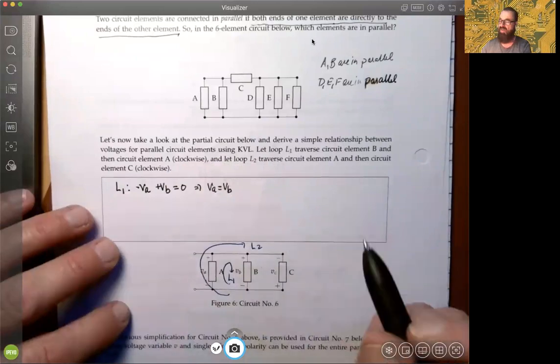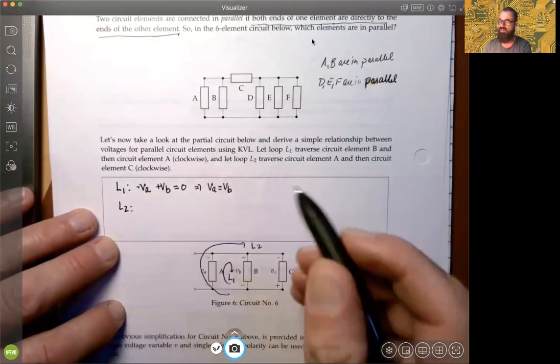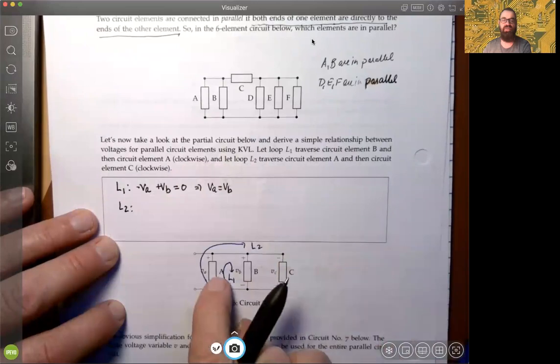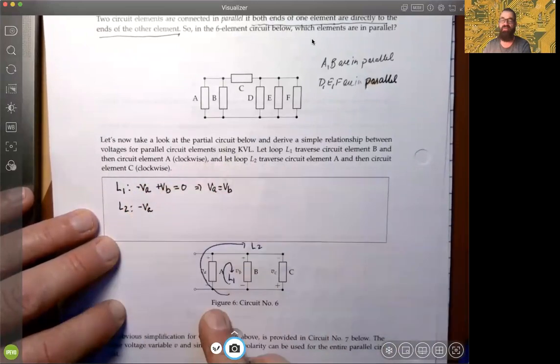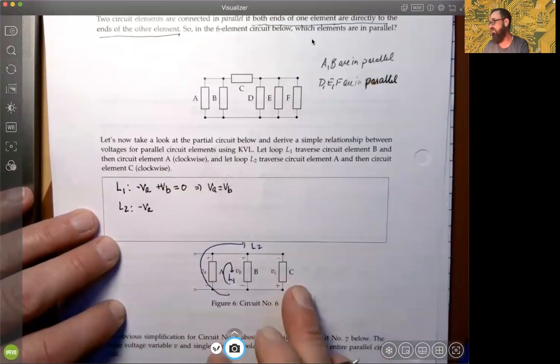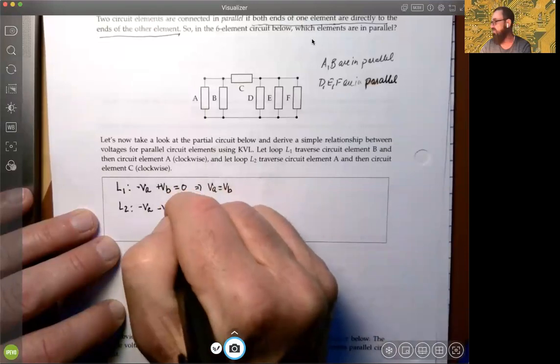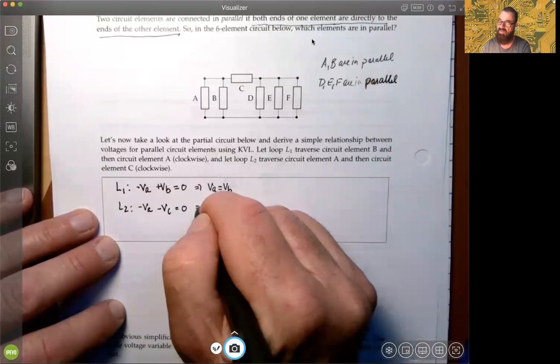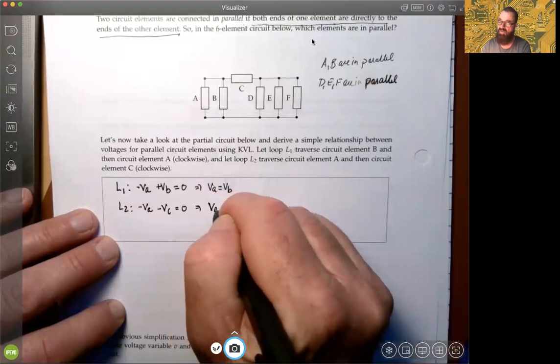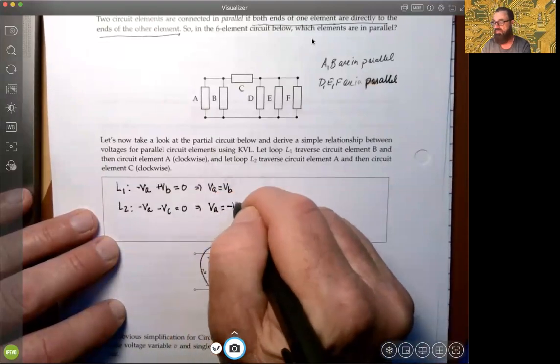If we look at L2, we're going through A and C, same thing. You are not PRC as you come into A, and then you come into C, you are not either. So that's minus VC equals 0. What this says is that if we pull VA over, VA is minus VC.